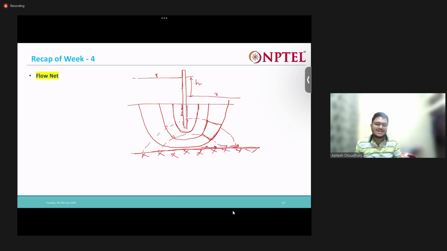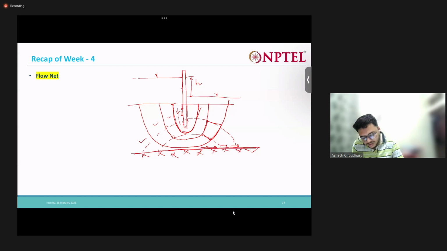the total number of flow channels and the total number of drops. Say here, these are the flow lines, right? And the space between these is known as the flow channels. So here we have 1, 2, 3, 4. 4 flow channels are there. Here the number of flow channels is 4. And what is the number of equipotential drops?